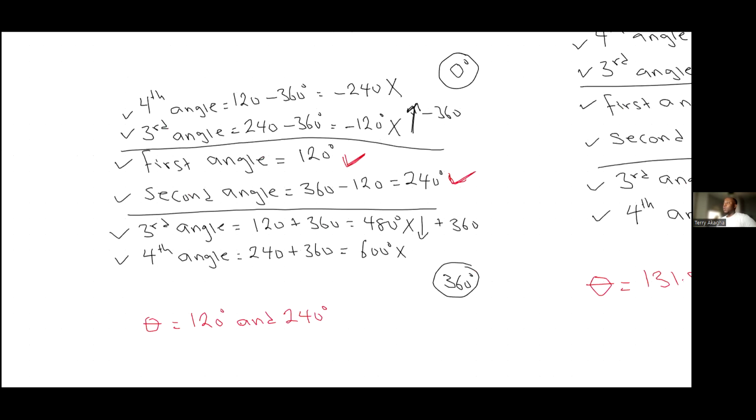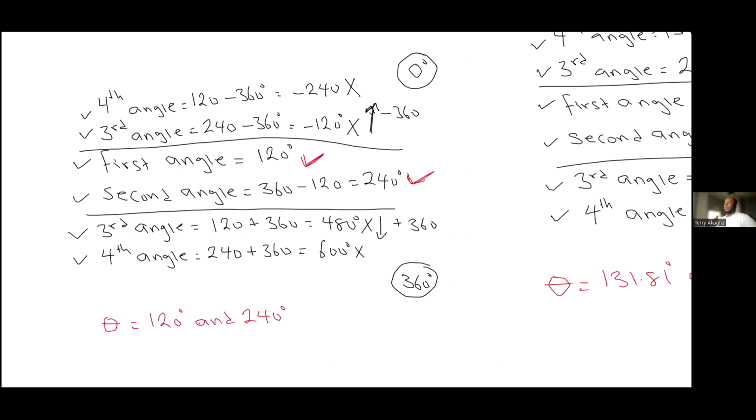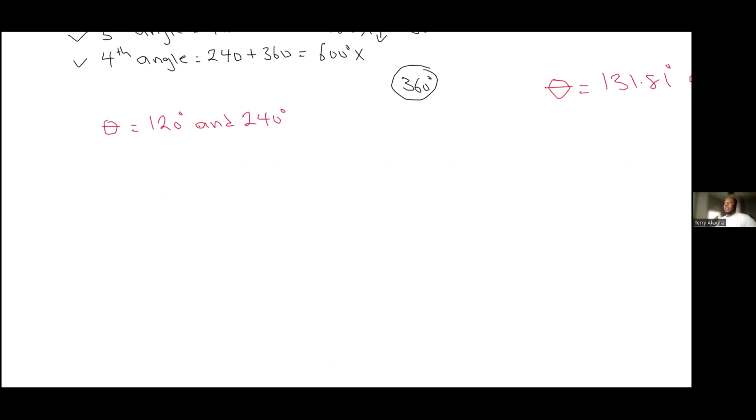So therefore, we can now say for this question, the values of theta that are going to satisfy this are 120 degrees, 240 degrees, 131.81 degrees, and 228.19 degrees.